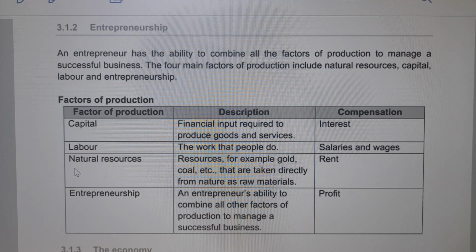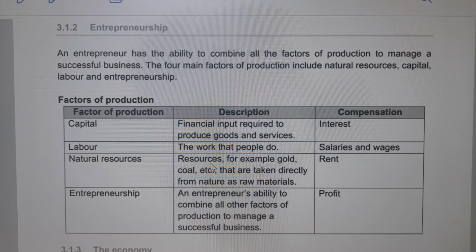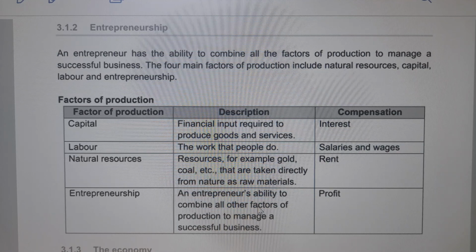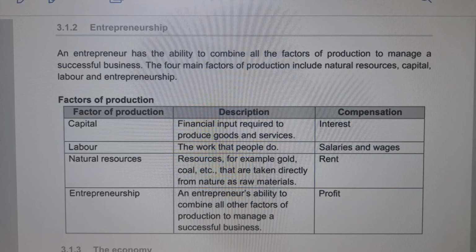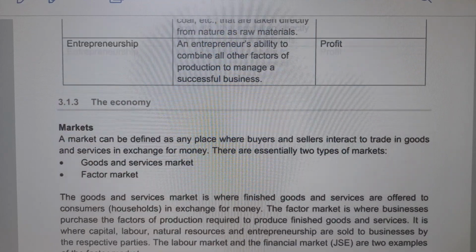So to define again, natural resources are resources that are taken directly from nature as raw material. And entrepreneurship is an entrepreneur's ability to combine all other factors of production to manage a successful business.